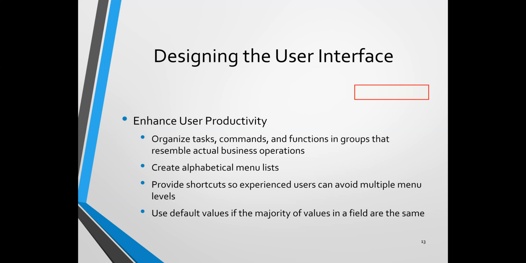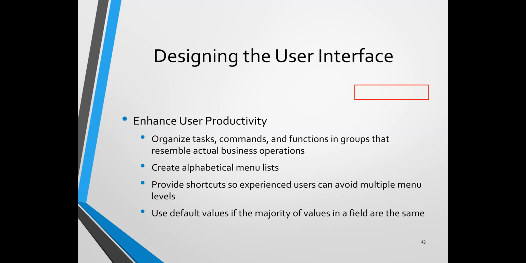For example, you group the functions for sales together, you group the functions for accounting together, you group the functions for system administrator together. This can help enhance user productivity because they can go straight to the function that matches their operations or their work.